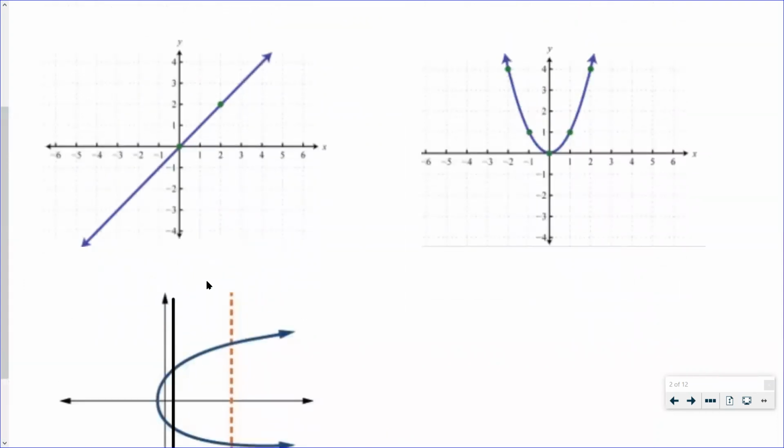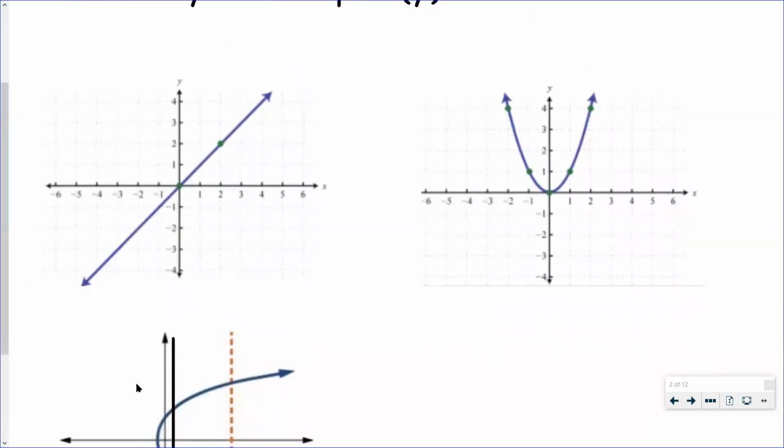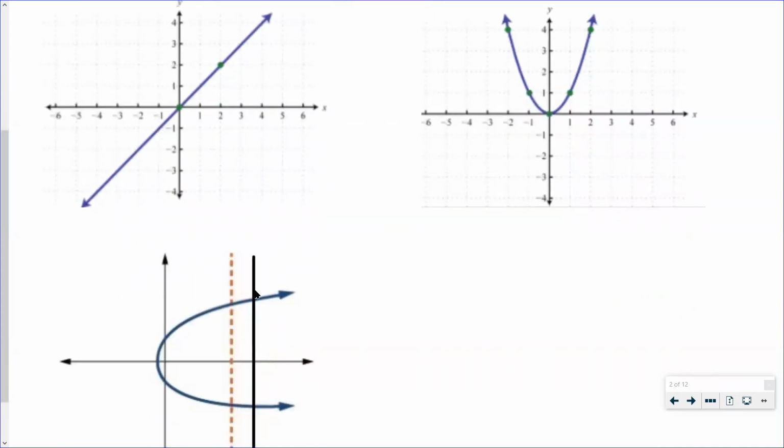Again, these two are a function because they pass the vertical line test. This one is not a function because that vertical line hits the graph twice. So that's the easy way you can look at that. This is basically a function looking at it in graph form. We can determine if it's a function or not by determining whether it passes the vertical line test.